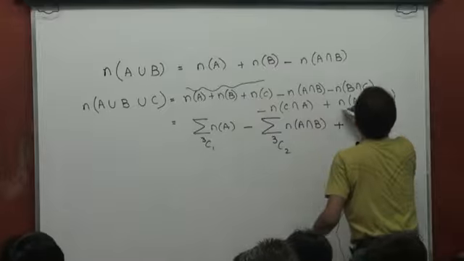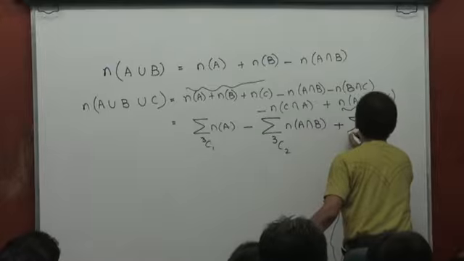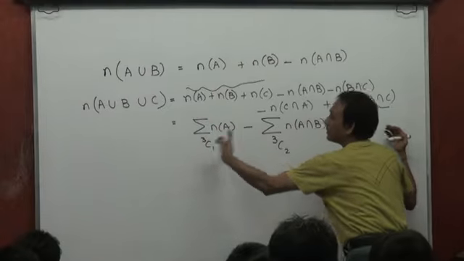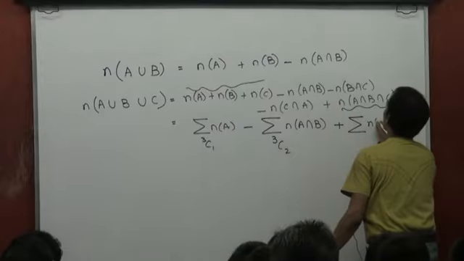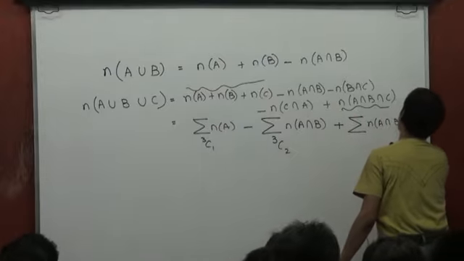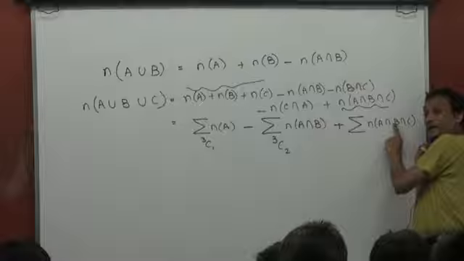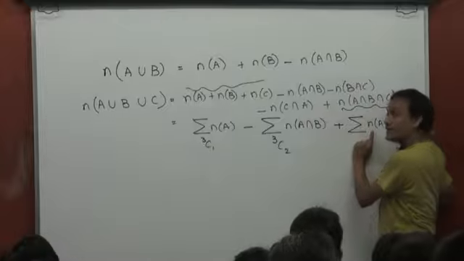And then terms of the kind A intersection B intersection C. So you might want to write, just to bring about aesthetic looks in the entire expression, this as a summation A intersection B intersection C, which means terms of the kind A intersection B intersection C. If there are three sets A, B and C, there is only one term of this kind.